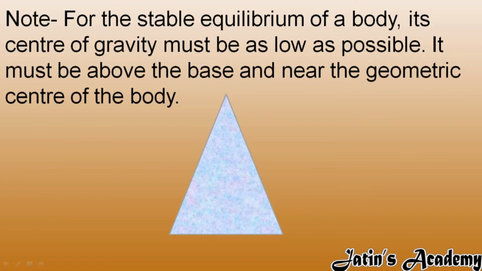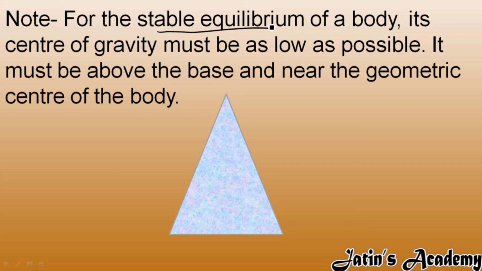Note point we have: for stable equilibrium of a body, its center of gravity must be as low as possible. It must be above the base and near the geometric center of the body. Now carefully understand this note point. We have basically 3 types of equilibrium: stable equilibrium, unstable equilibrium and neutral equilibrium. Here I am talking about stable equilibrium.